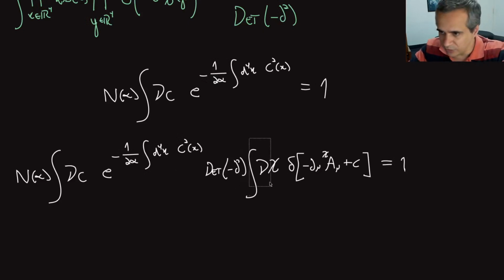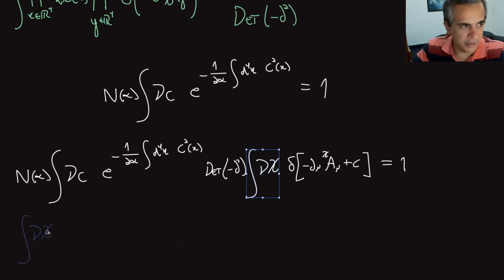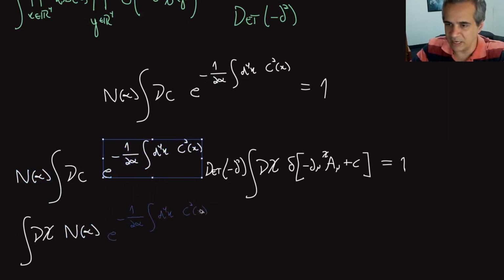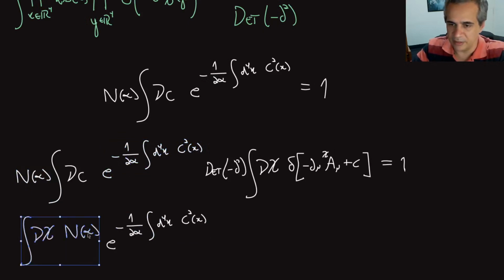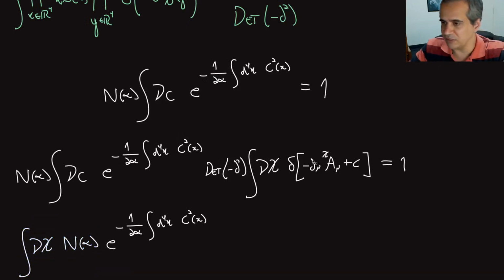So let me do that. I'll bring this integral over here, the normalization, this exponential. And once I have integrated in C, using this delta, I have to replace C squared by del mu A mu x chi squared, and I have this determinant.